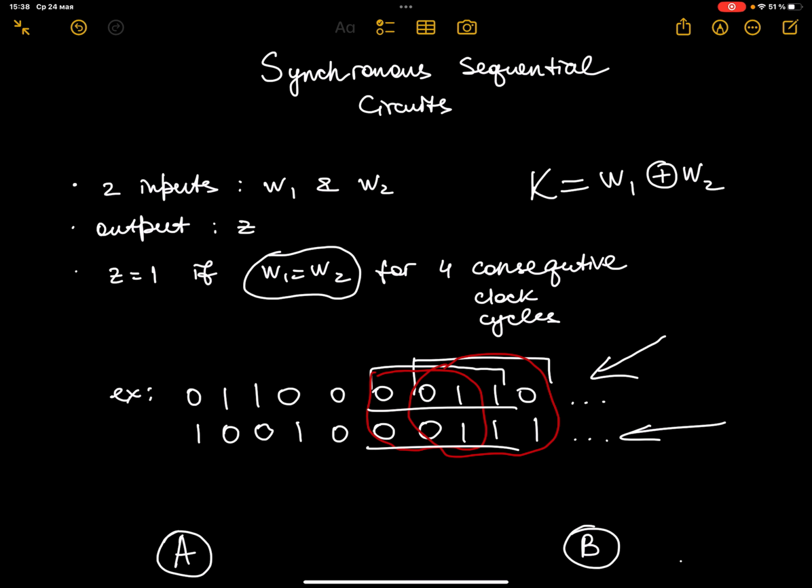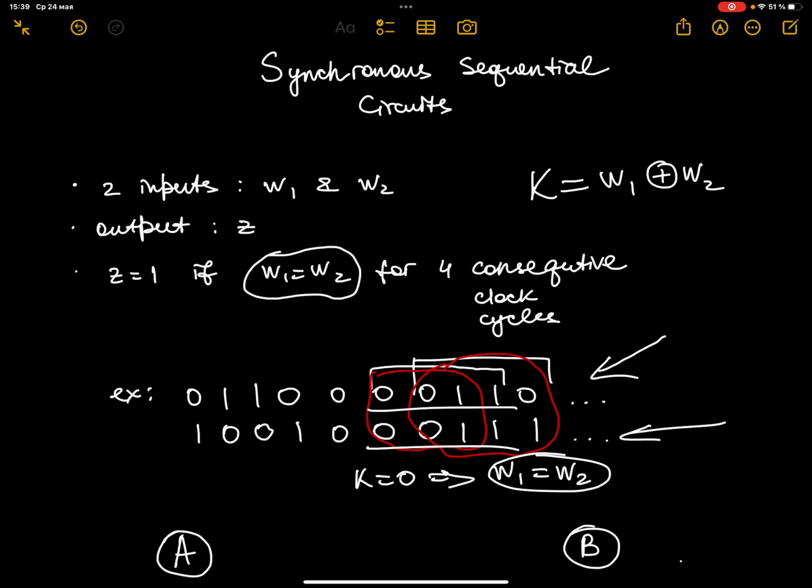When W1 and W2 are the same, when they're 0, 0 or 1, 1, as you know, XOR produces 0. And what does this mean? When k is 0, then W1 and W2 are the same. This is going to be our condition.